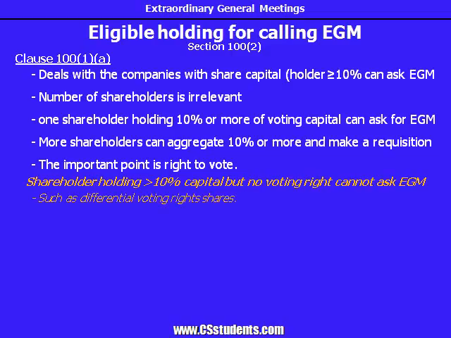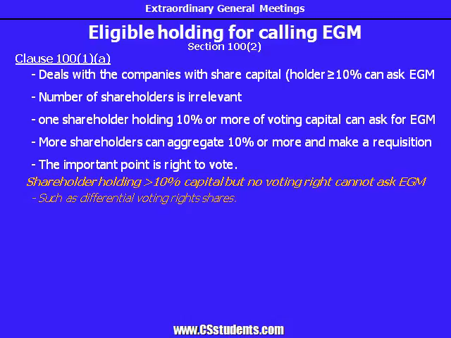Some of the Indian companies have issued non-voting shares. Those shares are entitled to higher dividend, but carry no voting right. Those shareholders may not be in a position to ask for an extraordinary general meeting. So, the basic rule is, holders of 10% or more share capital with voting rights can make the requisition.